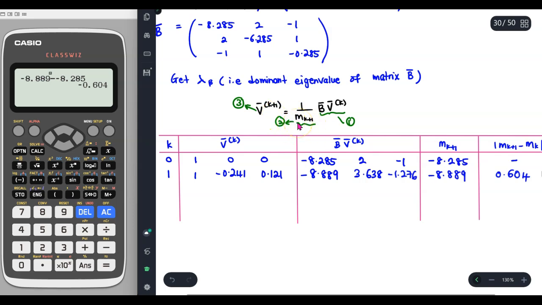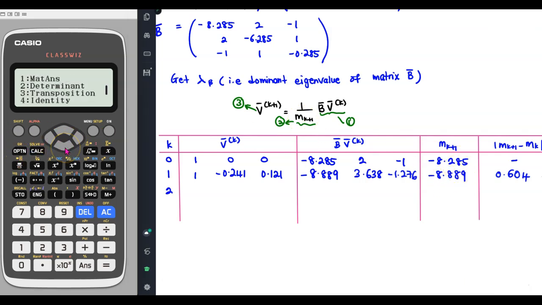So one complete iteration should be up to here. So we need to compute VK plus 1. Okay, so K equals 2. So BVK over MK plus 1. BVK is actually this one, which is your current math answer in the calculator, and then divided with your current MK plus 1. So you need to call back your math answer.